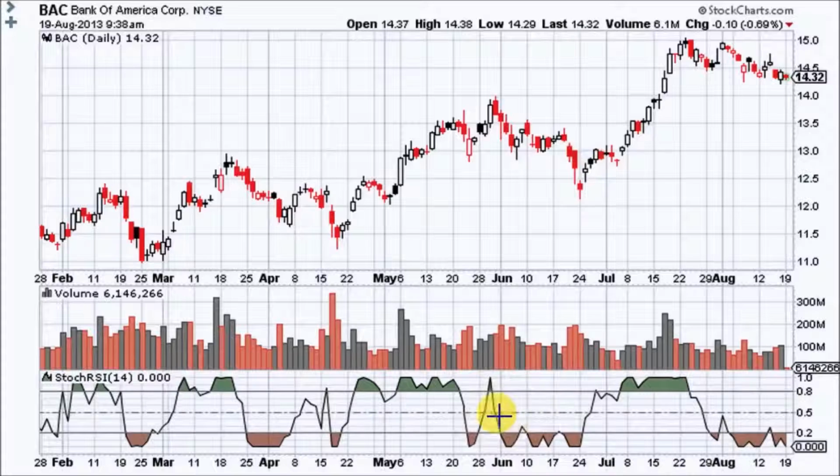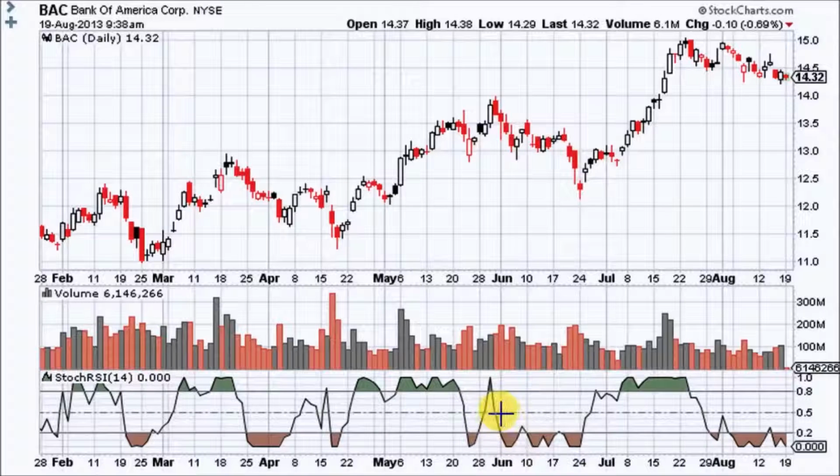This entire time this is forming a bearish head and shoulders pattern, with a left shoulder and two right shoulders, and when it broke below neckline support in this area, it fell hard. So this was telling you it was below 0.5 and it was bearish long before.